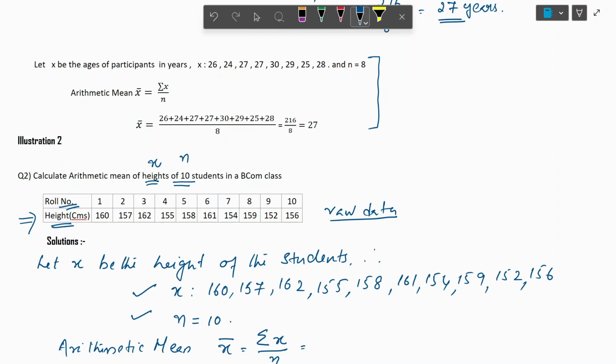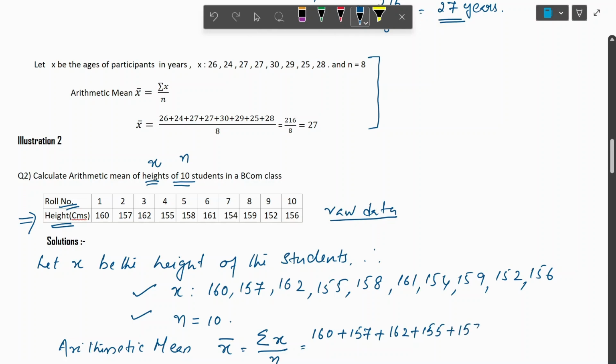That is equal to, now summation of x, we are going to add all these numbers. 160 plus 157 plus 162 plus 155 plus 158 plus 161 plus 154 plus 159 plus 152 plus 156.